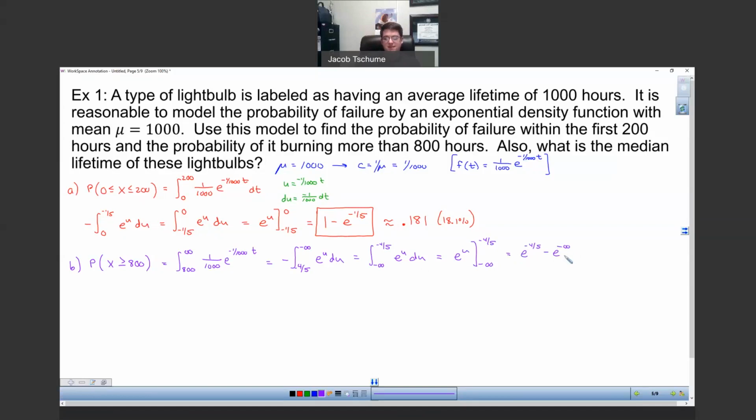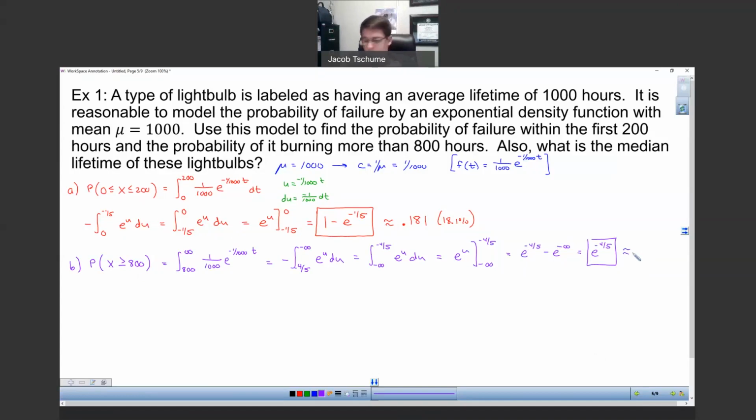Now, e to the negative infinity just goes to 0, so you get a final exact answer of e to the negative 4/5. That is the exact probability of a light bulb lasting more than 800 hours.